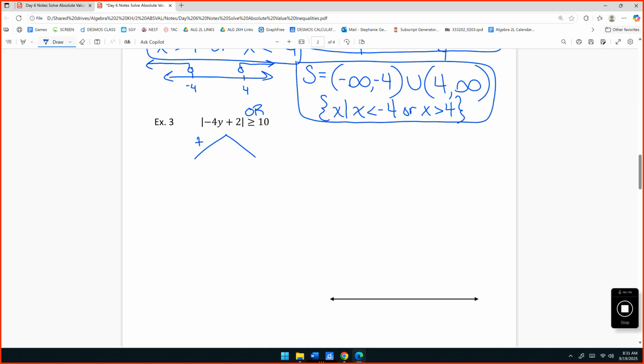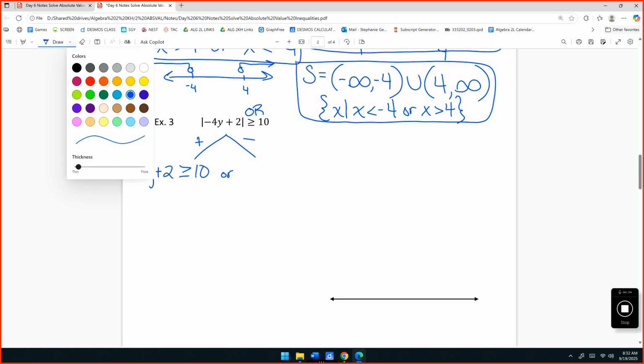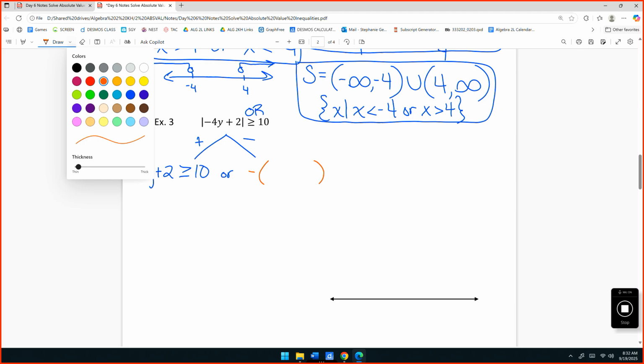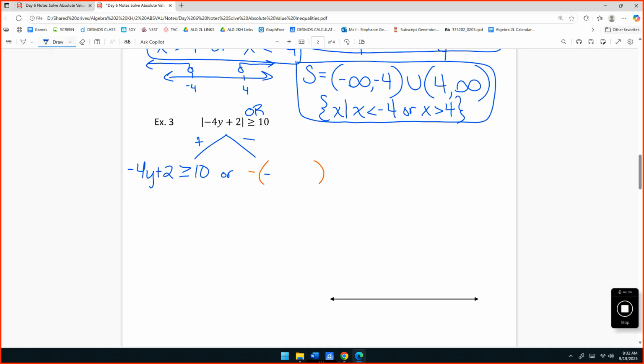So split into our positive and negative paths. So we have negative 4y plus 2 is greater than or equal to 10, or negative that, negative 4y plus 2 is greater than or equal to 10. Okay, so we can solve them.